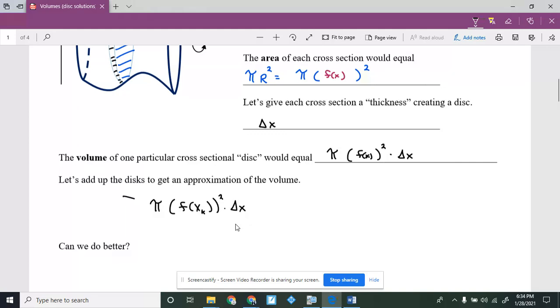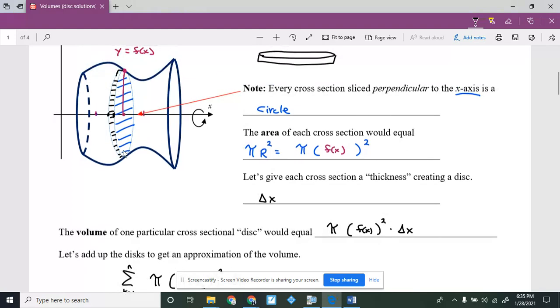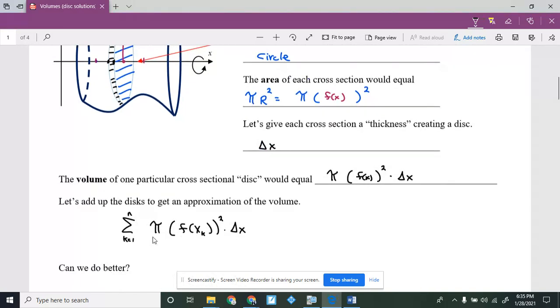And I want to sum these up from the first disk to the nth, depending on how many I want to use. So now think about me drawing a whole bunch of consecutive disks stacked up to build this shape. Now, they wouldn't look smooth because they have thicknesses, right? The larger the thickness, the fewer disks, the more rigid it looks. The smaller the thickness, the more disks, the smoother it looks.